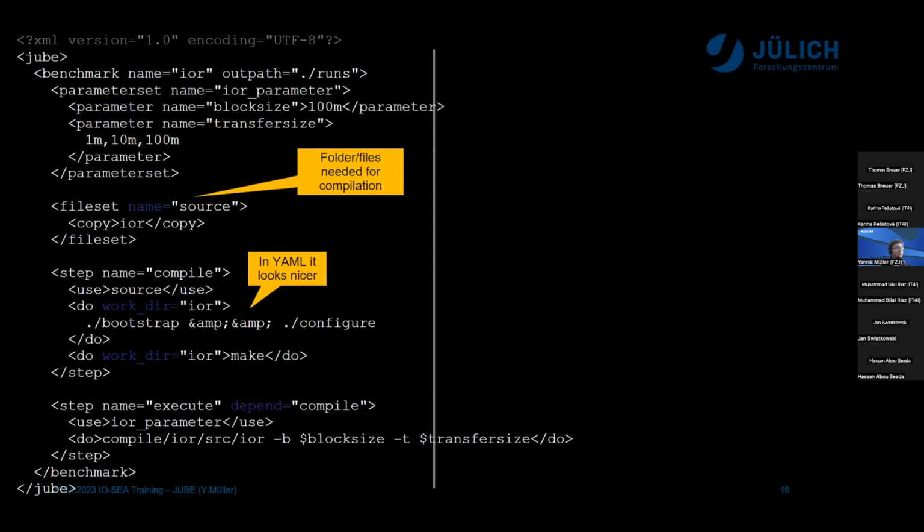And then you can use, like before with parameter sets, put it in the use clause, make the step know about this file set, and then there will be a subdirectory called source, and in this you'll find everything copied.